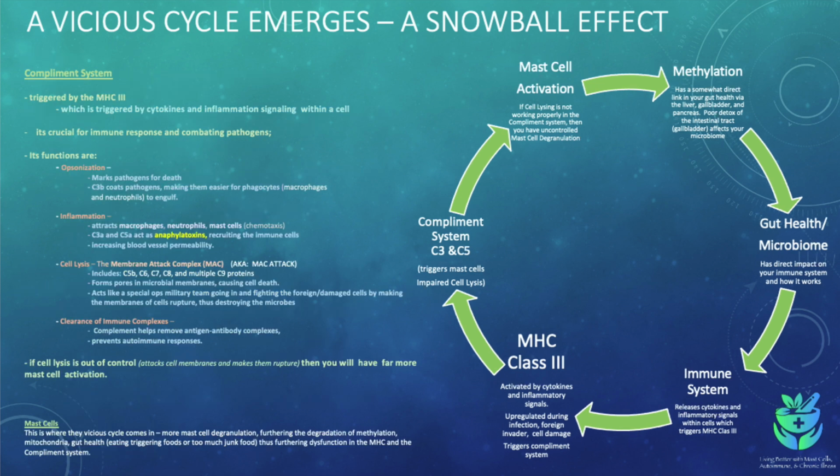And that's when the complement system comes in for the optimization, the inflammation, and remember, the inflammation attracts macrophages, neutrophils, and mast cells. And then the C3 and C5 act as anaphylatoxins. I want you to remember that word, anaphylatoxins, because this can build up in your system, and that bucket we're always talking about, when our bucket gets too full, then we have a full immune reaction or mast cell degranulation.